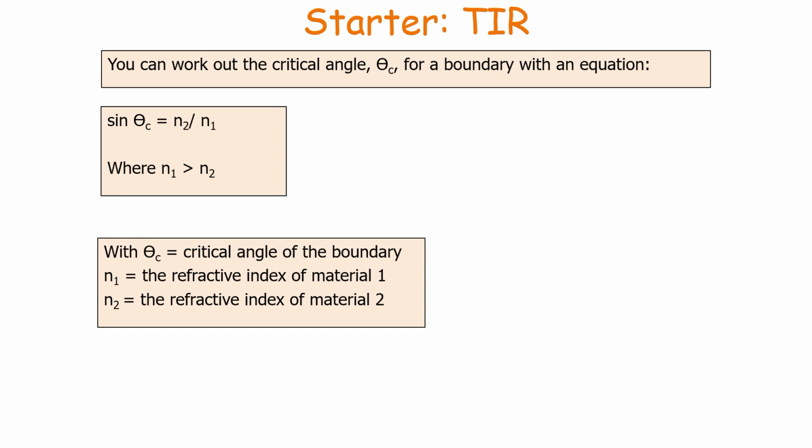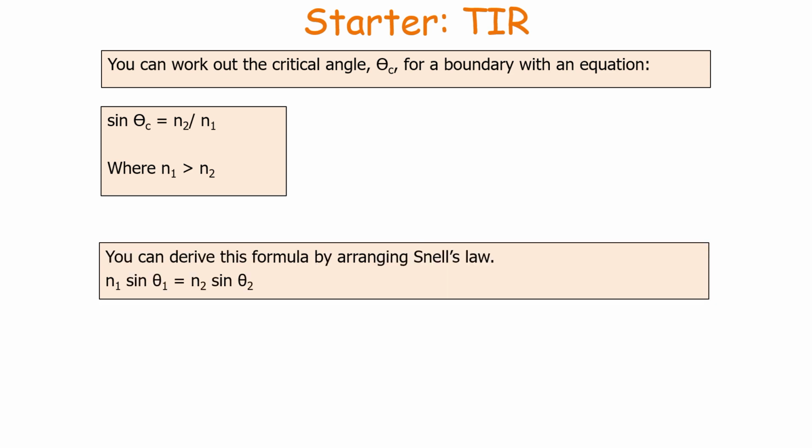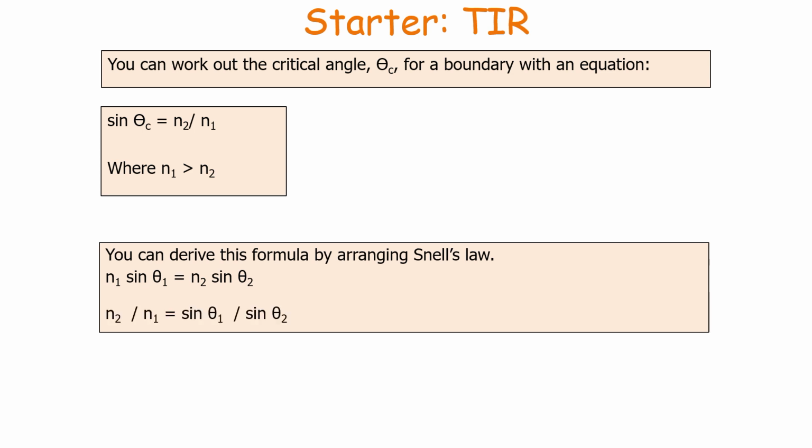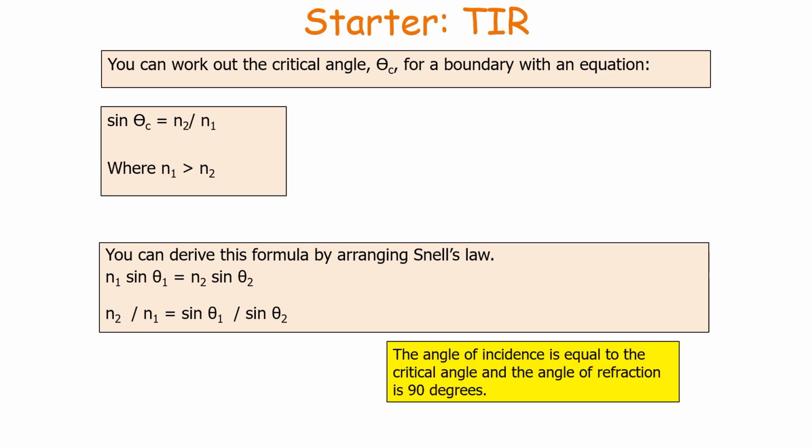as shown with this particular screen here. Now you can derive this formula by arranging Snell's law, saying n1 sine theta 1 equals n2 sine theta 2. So we pop the sine thetas and the n's onto the same side of each equation. Now we know at the critical angle that the angle of incidence is equal to the critical angle and the angle of refraction is equal to 90 degrees.